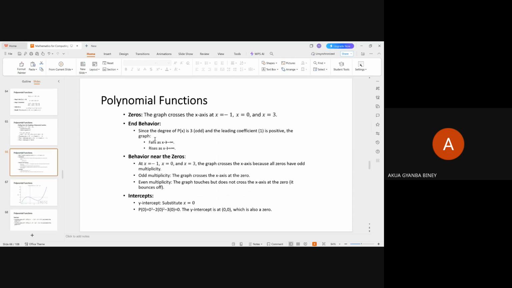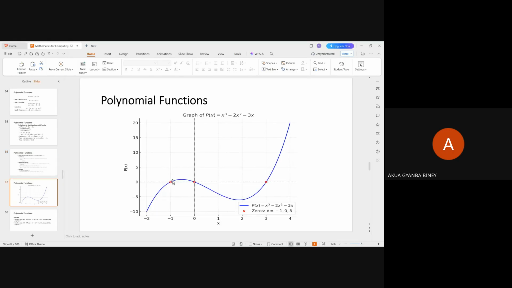The end behavior: if x is approaching positive, it rises. If it's approaching the negative, it falls. So x is in the negatives, the graph falls at that end. As it approaches positive infinity, it rises.